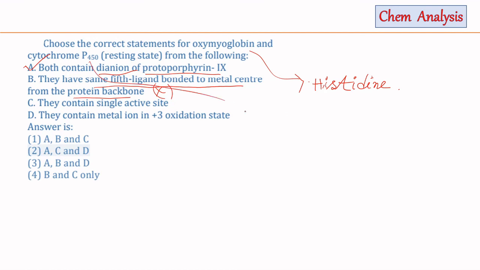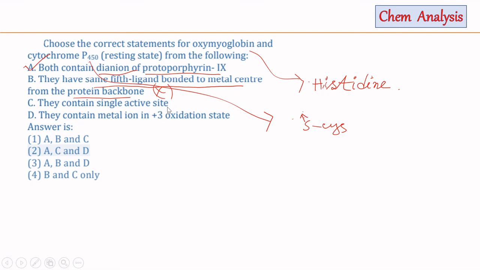For cytochrome P450, the fifth coordination site is filled by the cysteine ligand of the protein chain, coordinated through the sulfur center to the central iron. Therefore the fifth ligand in oxymyoglobin and cytochrome P450 is not similar.